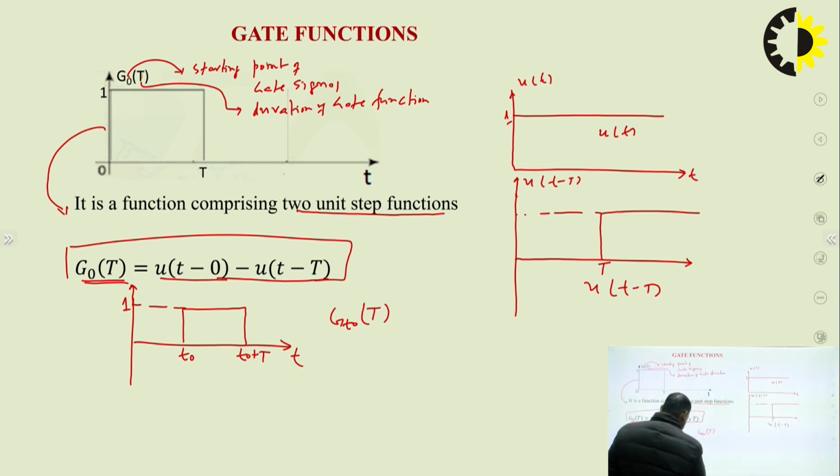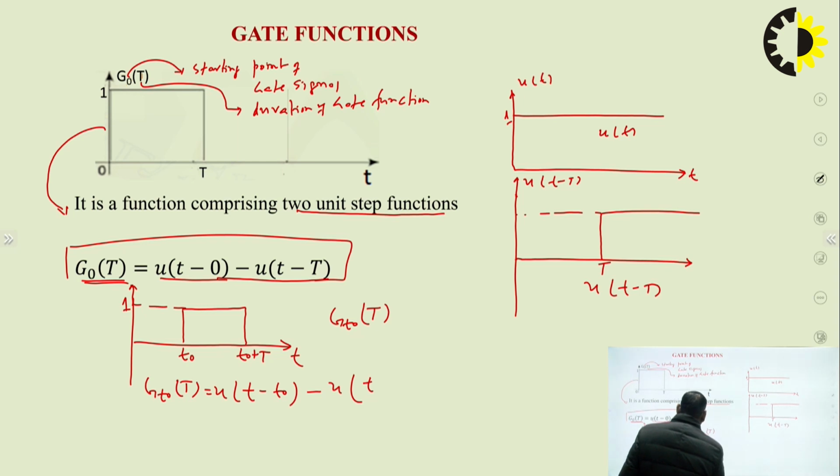We can write the mathematical expression of this gate function. G T0 (T) is equal to u(t minus T0) minus u(t minus T0 minus T).